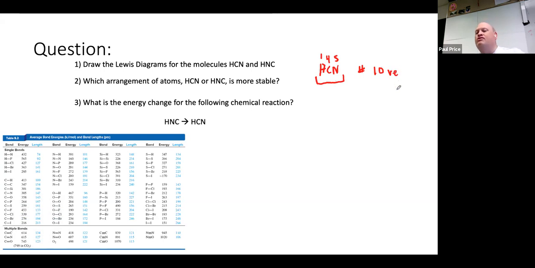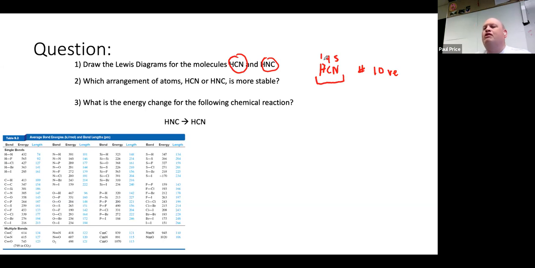The next thing we need to do is pick a central atom. And a couple of reminders about central atoms, which they're actually trying to tell you in the picture. They're trying to say right here, hey, this carbon is central, and here this nitrogen is central. When we pick a central atom, one, hydrogen can never be a central atom because it can only form one bond, because you can only have 2 electrons to satisfy the duet rule for hydrogen.